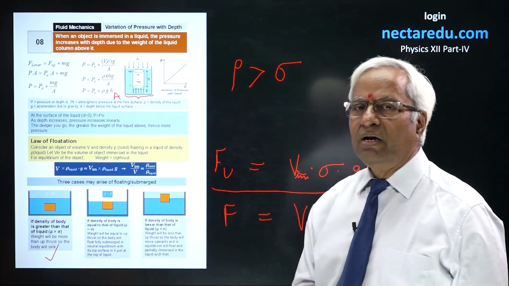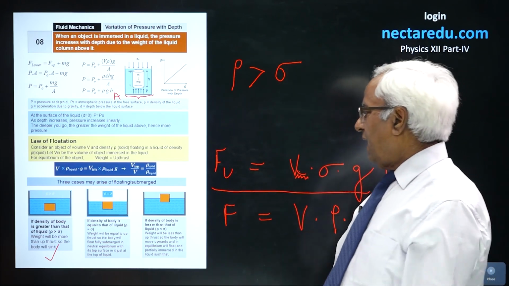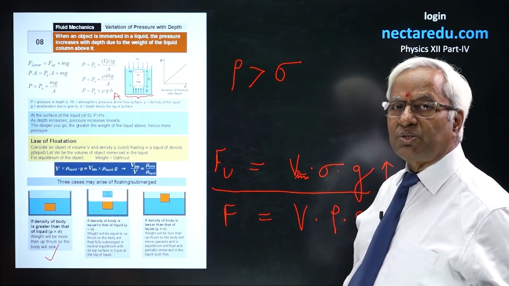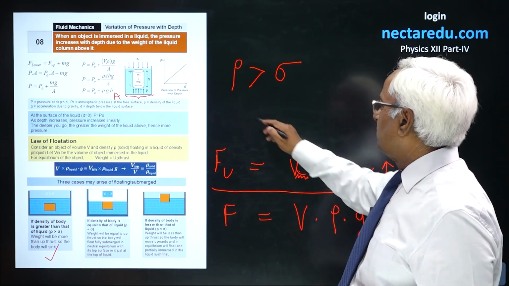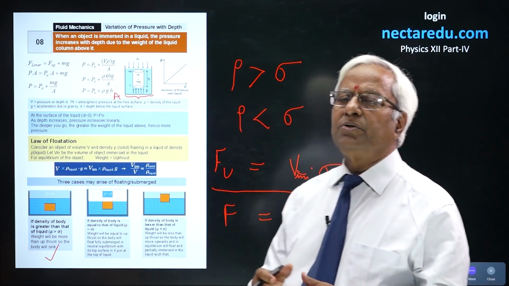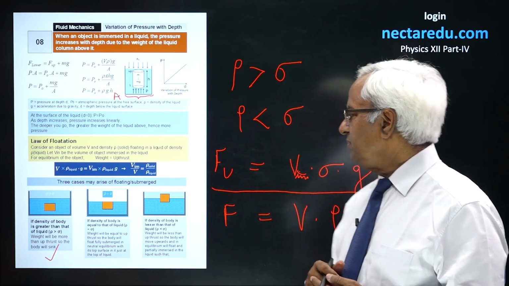And suppose the density of the body immersed is less than that of the fluid. In that case, the body is never going to sink. This will be partially immersed.